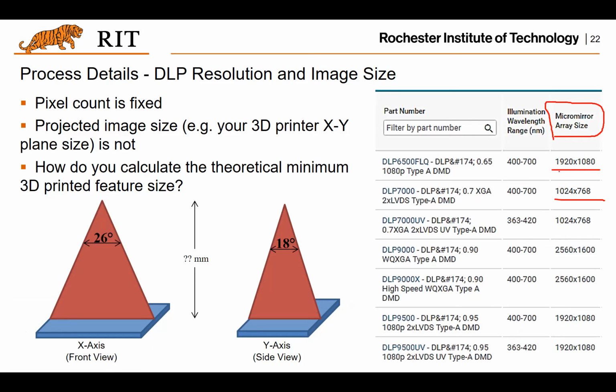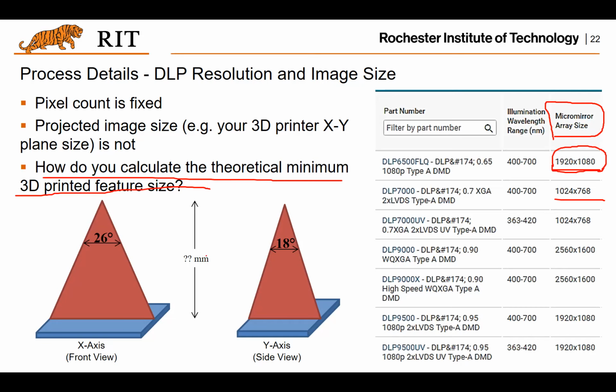That means you have that many micro mirrors, for example, this one is 1920 by 1080. That limits the maximum pixels you could provide for the image. Then, given this information, how could you calculate the theoretical maximum 3D printed feature size?